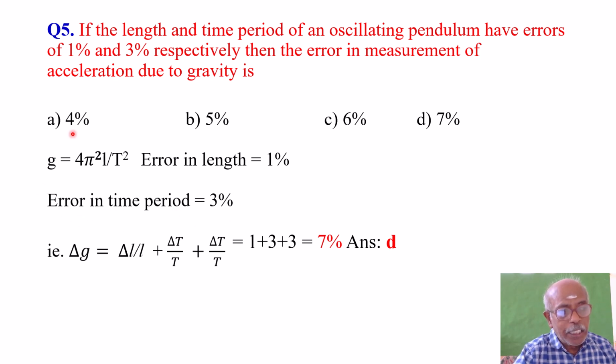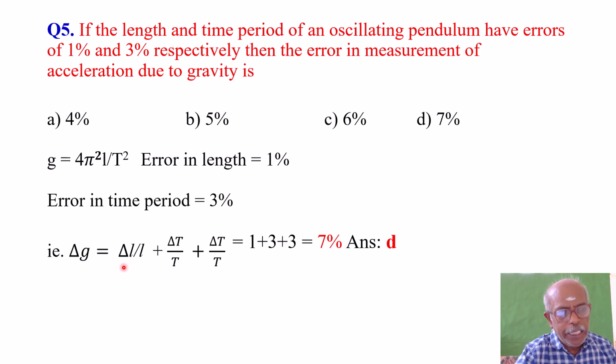So the error in the measurement or calculation of delta g by g is equal to delta L by L, error in length, plus delta T by T plus delta T by T. Why do we have 2 times delta T by T? Because in the formula you have T square. So whether we have to multiply it or add, sir, definitely add. In the case of error measurement, you must add for the powers. So delta L by L plus delta T by T plus delta T by T.